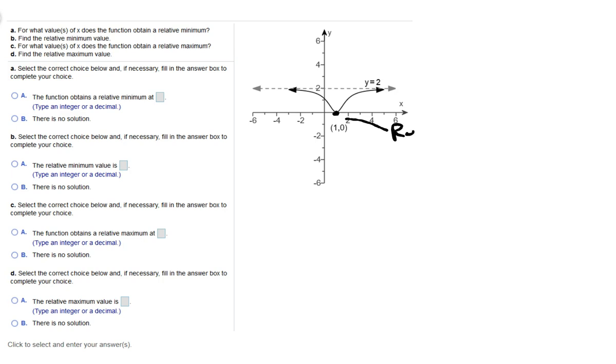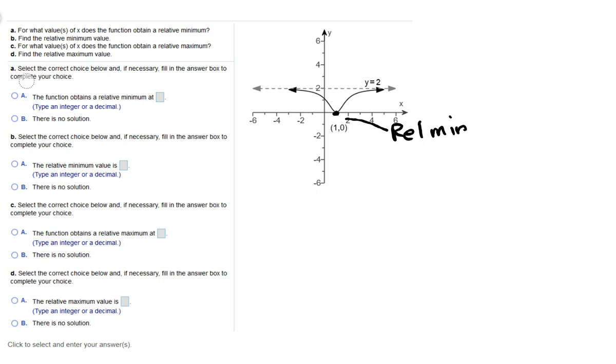So that is a relative minimum because it is a valley. This function doesn't have any peaks in it. It doesn't obtain a highest y value, so it doesn't have a maximum. So let's go through these different answer choices.